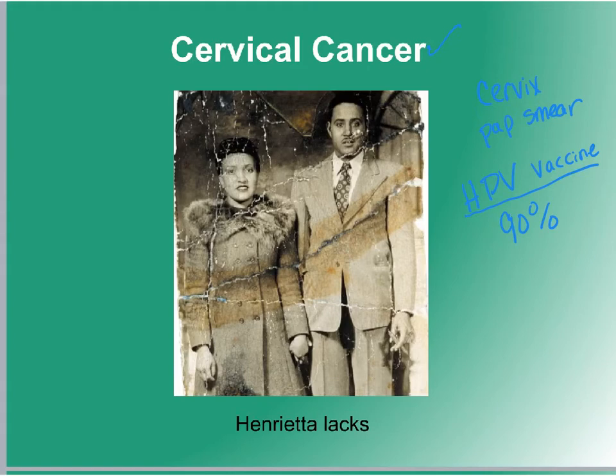Let me tell you about Henrietta Lacks. Henrietta Lacks was a woman who was living in the 1950s and was experiencing some issues and went to see her gynecologist. And he did a pap smear, looked at the cells underneath the microscope, and saw something very unusual. He saw that these cells had acquired a mutation, so she definitely had cervical cancer.